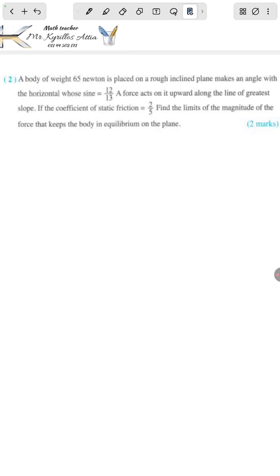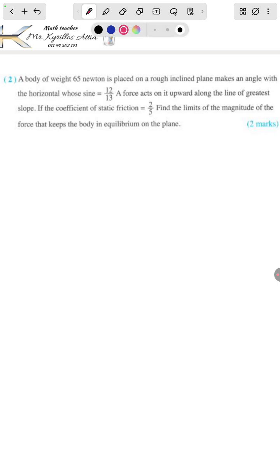Last question. A body of weight 65 Newton is placed on a rough inclined plane that makes an angle with the horizontal whose cosine is 12 over 13. A force acts on it upward along the line of greatest slope. If the coefficient of static friction is 2 over 5, find the limits of the magnitude of the force that keeps the body in equilibrium on the plane.